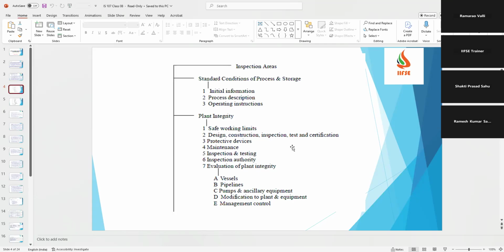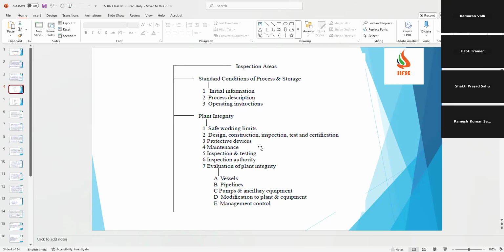We should know about the safety controls which are available in the system, and also whether we have any test certificates or not. When I say test certificates, we can take an example of lifting tools and tackles and pressure vessels. This has to be calibrated by a competent person, so that they will give us the certificate. Then protective devices, which are nothing but safety relief valve, PRVs, NRVs, rupture disc, etc.